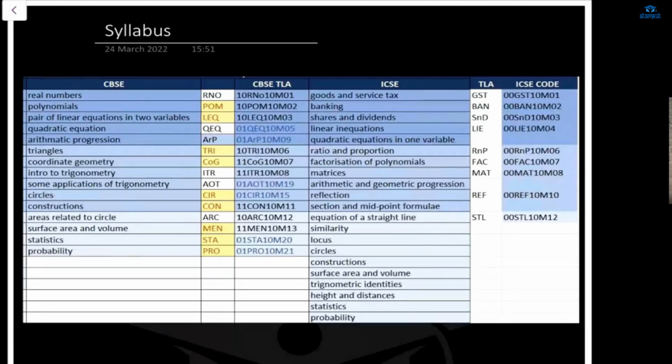I think he's teaching trigonometry now, so maybe after trigonometry he will start with applications of trigonometry. Let's see what he will start. Okay, after sir teaches, then we can see. Because this triangle, coordinate geometry, introduction to trigonometry, some applications of trigonometry, circle, construction, and statistics and probability, sir is going to teach all this.